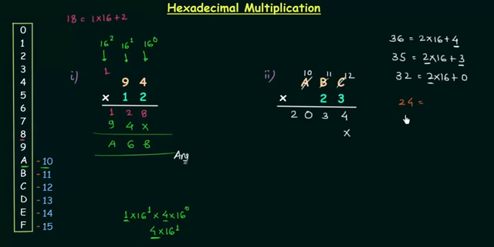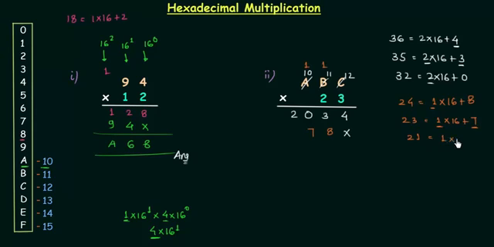24 is not a hexadecimal number, so I will again break it: 1 multiplied by 16 plus 8. So 8 will come here and 1 will go as carry. 2 multiplied by 11 is 22, and we already have 1 as carry, so 23. 16 plus 7. 1 is the carry and 7 will come here. 1 will go as carry. 2 multiplied by 10 is 20, and we have 1 as carry, so 21, and 21 is not a hexadecimal number.